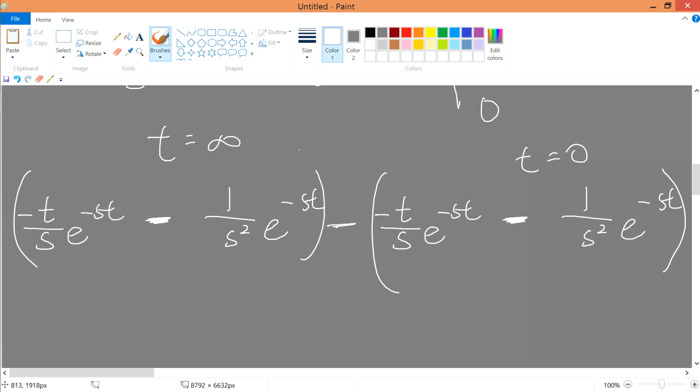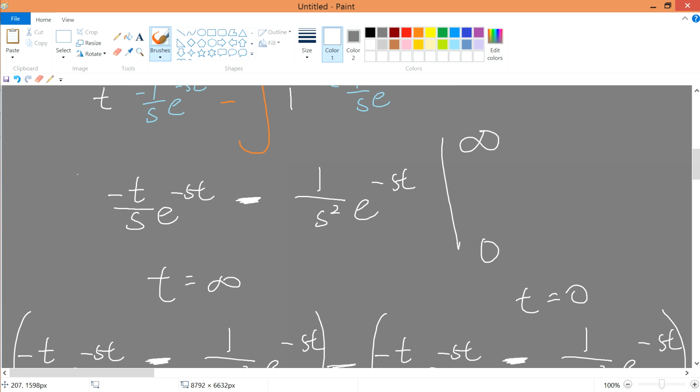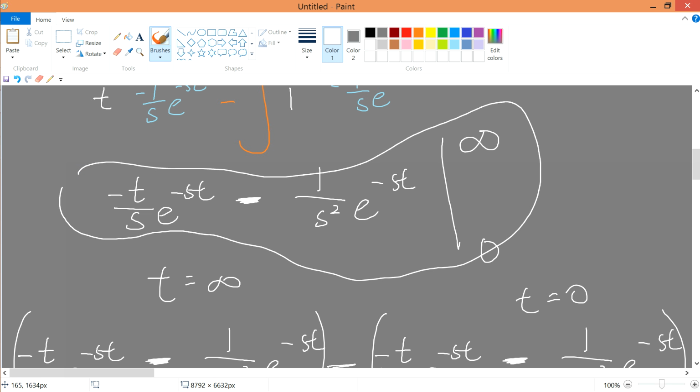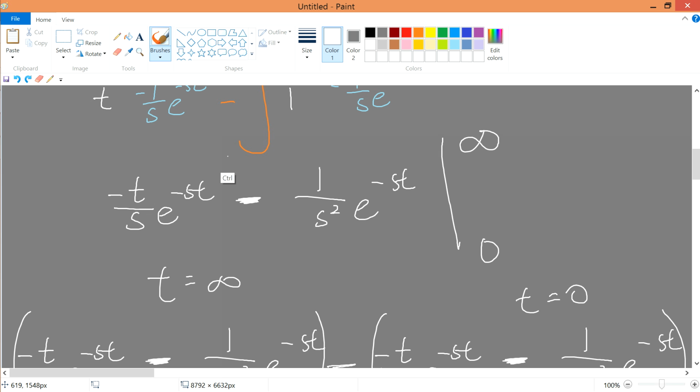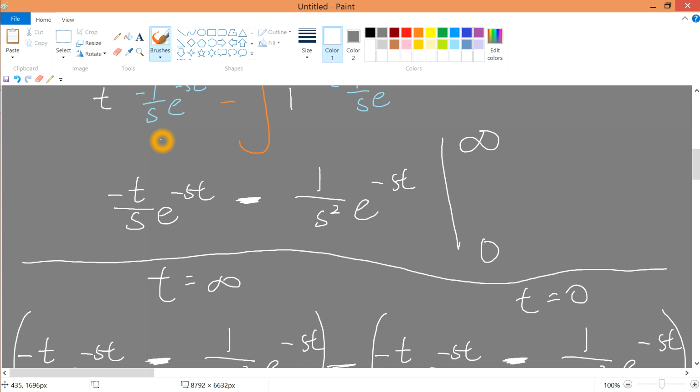If you don't know what I'm doing, I'm just simply solving for the definite integral of this thing. If you don't know what a definite integral is, or you don't know anything about solving, just follow me and you'll know what I mean. I'm just subbing when t is infinity for all of them, minus away when t is equal to 0 for all of them, and then I'll get some answer.